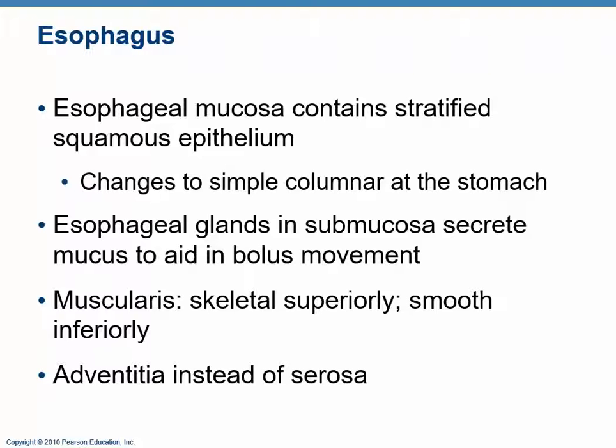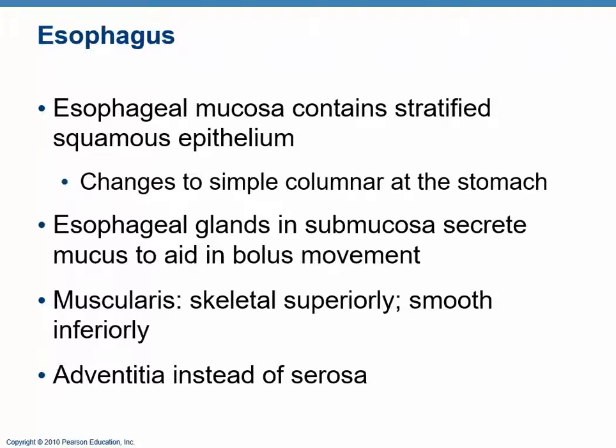But you need mucus, so there are actually goblet cells in the submucosa of this part of the tube. As peristalsis pushes food down, it squeezes the mucus that's made in these submucosal glands out into the lumen, and it lubricates just ahead of the food being swallowed. So that's the main thing for the submucosa.